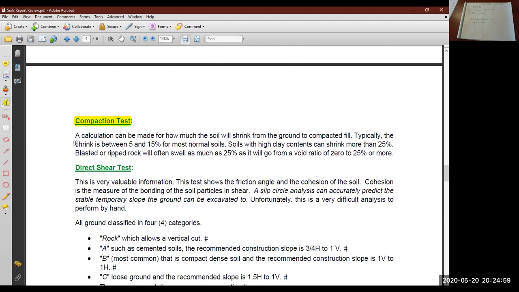We've talked about shrinking. 5 to 15% is usually a typical shrink factor. High clay content can shrink 25%. Blasted or ripped rock will swell as much as 25%.